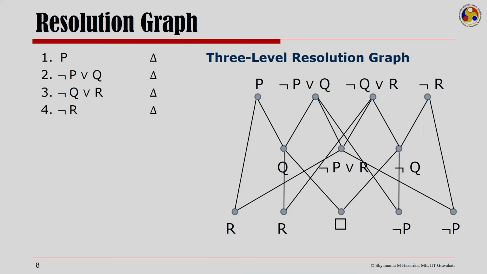So, here I have P, not P or Q, not Q or R, and not R. That is the set of clauses delta.